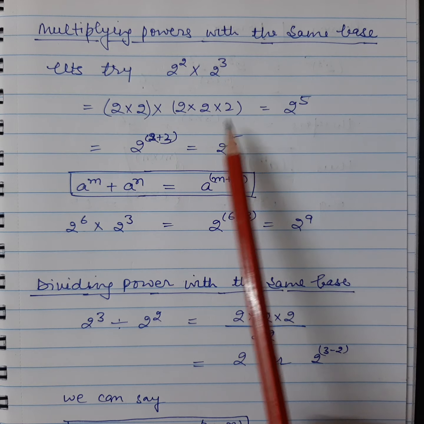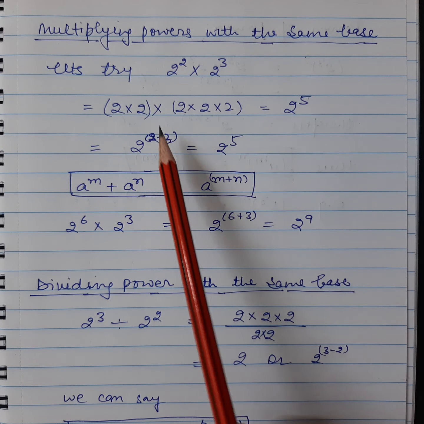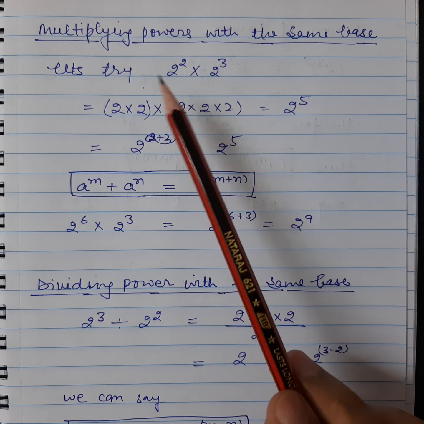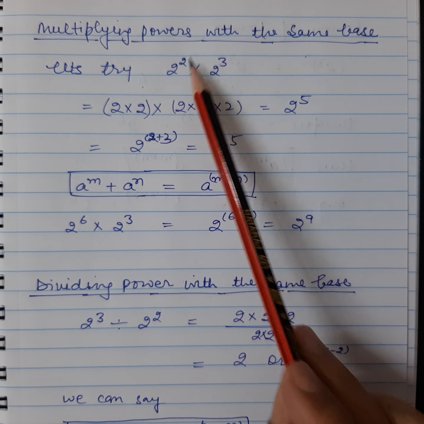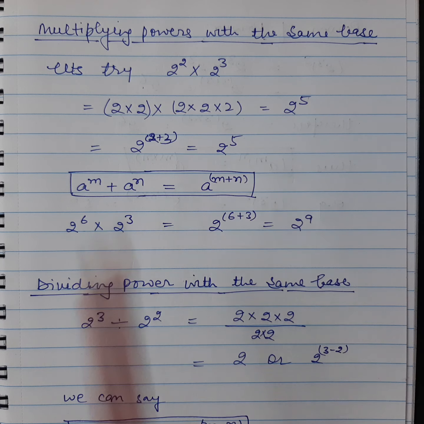We need not expand these exponents, and we can do it directly. There is a formula. If we do it directly, 2 raised to power 2 plus 3 is 2 raised to 5, which gives us the direct answer.